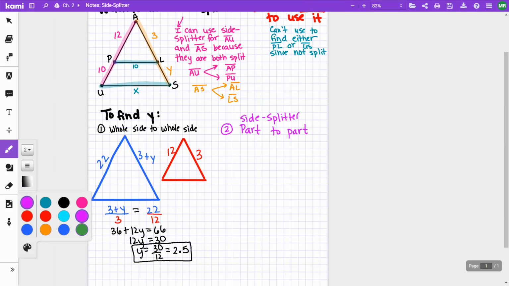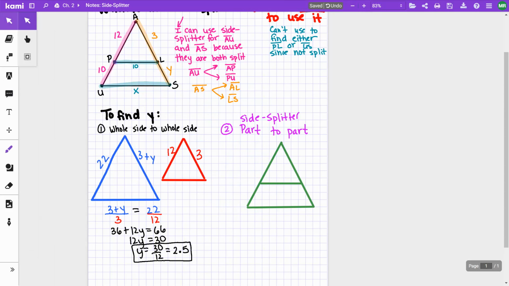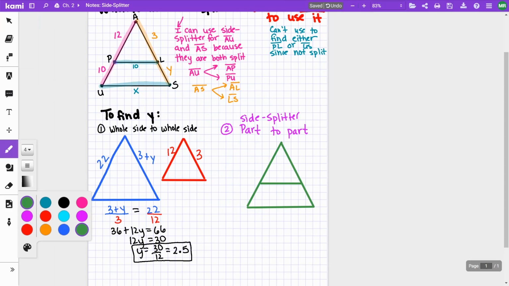Let's say I draw it in green. This is the same situation, but what I'm going to be looking at is this was 12 and this is 10, this is 3 and this is y.